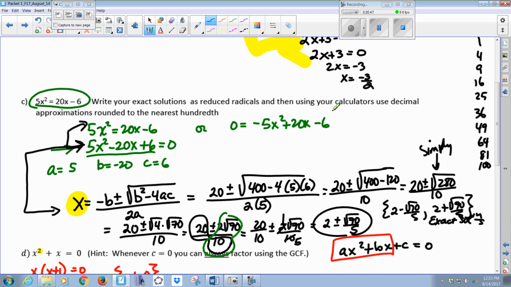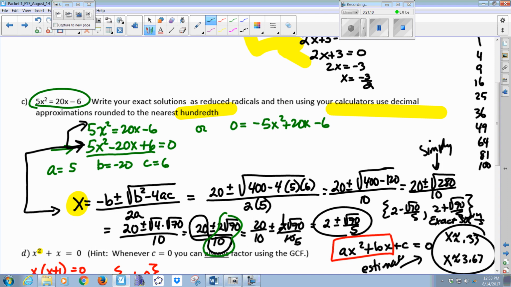In this case, I've also asked you to use your calculators to round to the nearest hundredth. So in this case, if you do that, you're going to get x is approximately 0.33 and x is approximately 3.67. So these are our estimated solutions, our estimates.